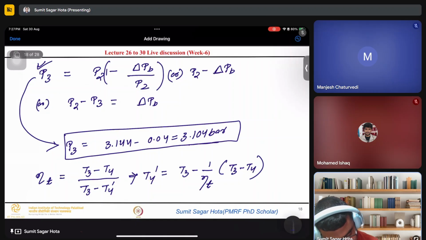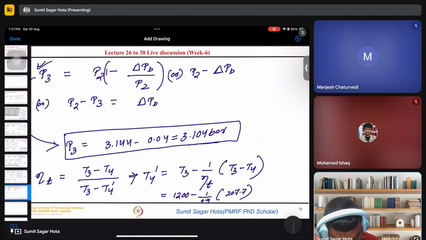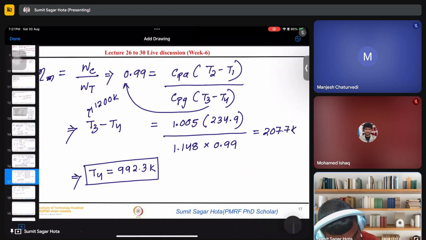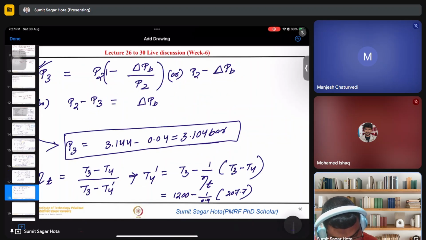Now if you substitute all the values, like 1200 minus 1 by 0.9 into 207.7, because we know already T3 minus T4 is 207.7. Just substitute all these values.